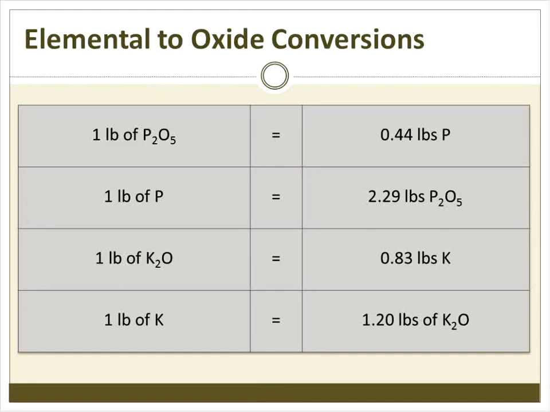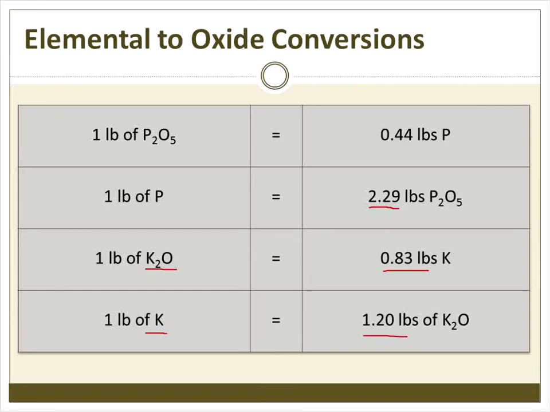But the point being is if you need, for some reason, to convert a pound of P2O5 to actually how many pounds of P are out there, the conversion is 1 pound of P2O5 equals 0.44 pounds of P. Flip side of that is 1 pound of P, 1 pound of phosphorus equals 2.29 pounds of P2O5. So 1 pound of K2O equals 0.83 pounds of K, and 1 pound of K equals 1.2 pounds of K2O.